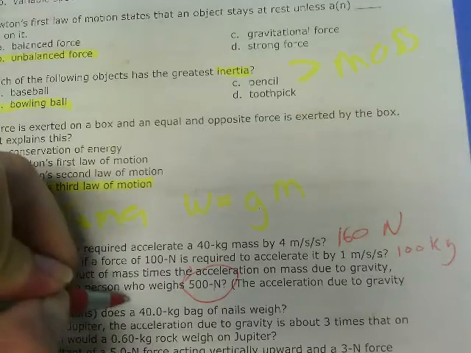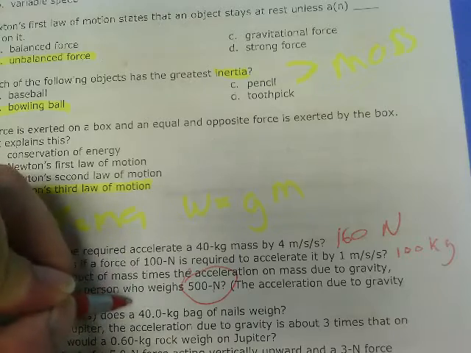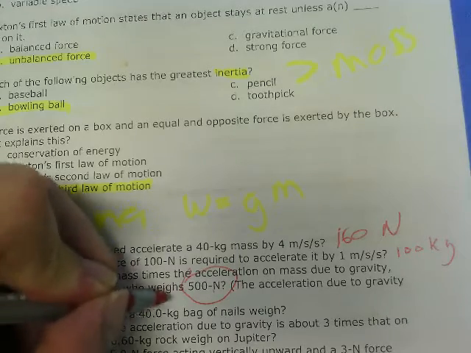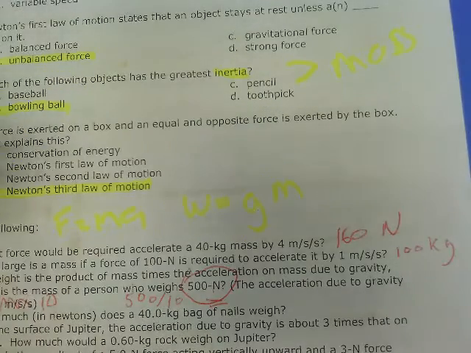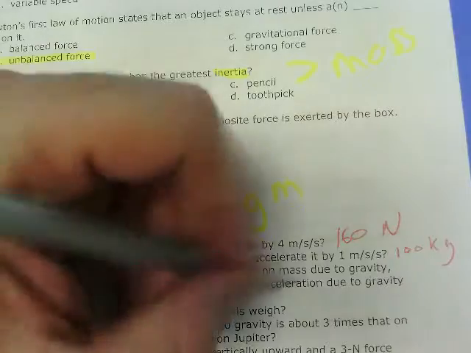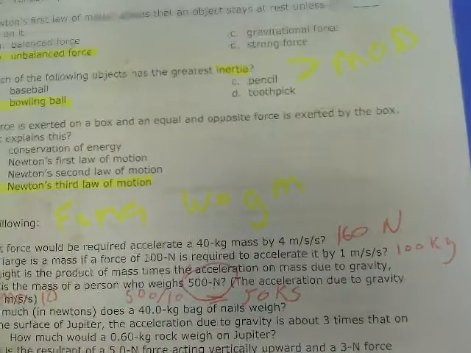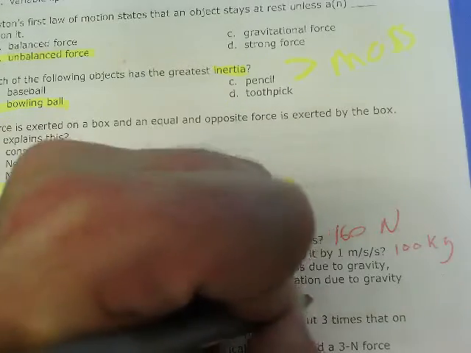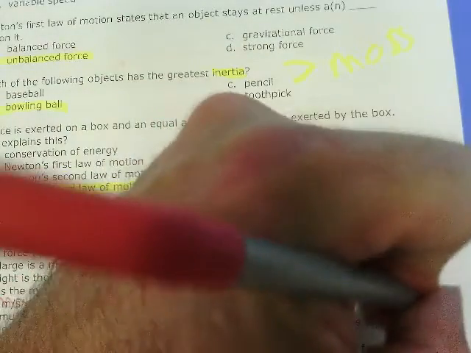We just rearrange the weight equation, so it's weight over gravity, 500 divided by 10, and that gives us a mass of 50 kilograms. How much in newtons does a 40 kilogram mass weigh? Mass times gravity, so 40 times 10 is 400 newtons.